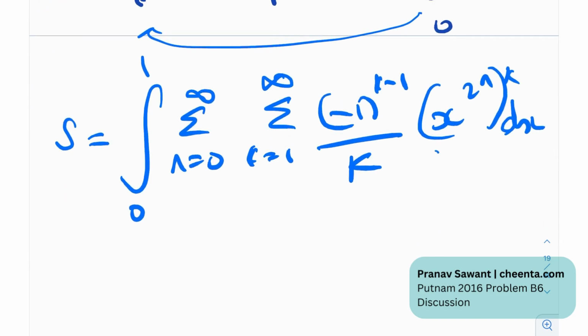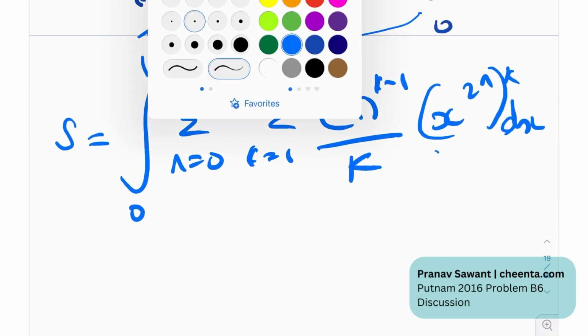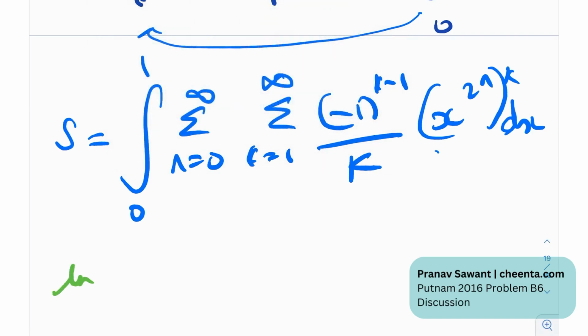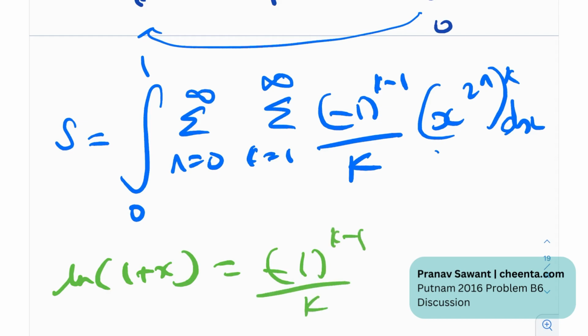It's a good thing to know that the expansion of ln(1 plus x) that we have studied is nothing but minus 1 raised to the power k minus 1 by k times x raised to the power 2 raised to the power n times k.